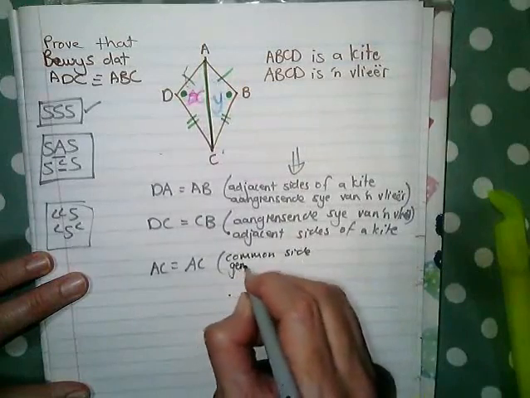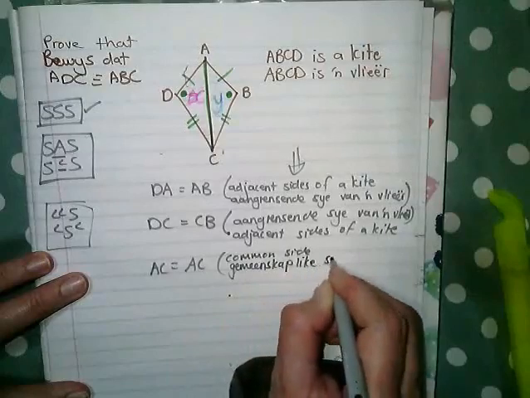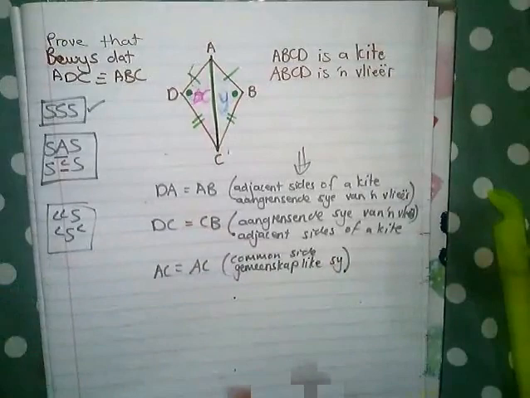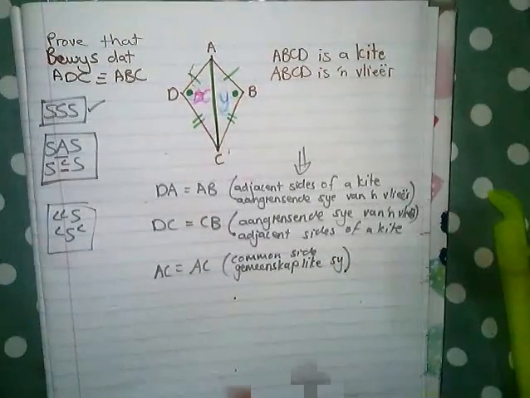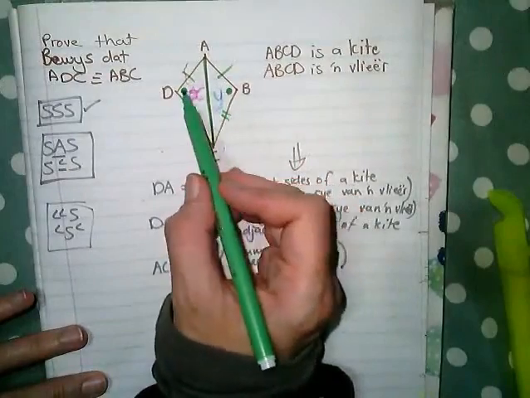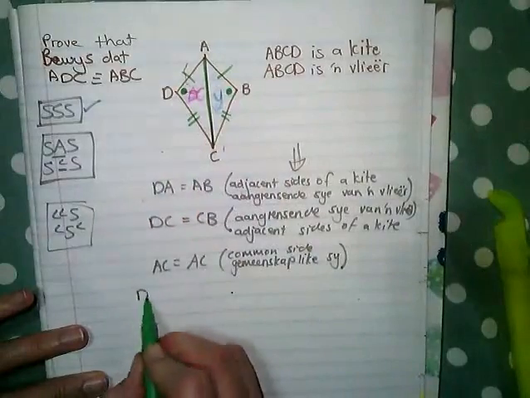Okay, so nou het ons 3 sye, en nou het ons bewys dat hulle congruent is. We can see that, so that's how we write it, because those two are equal, we're going to write them.